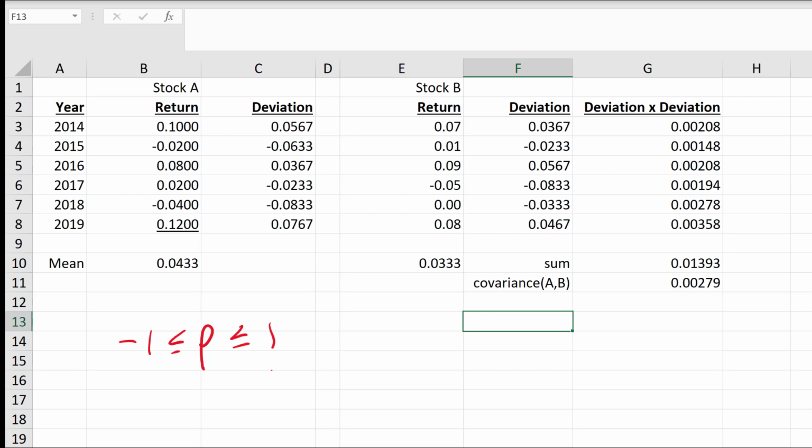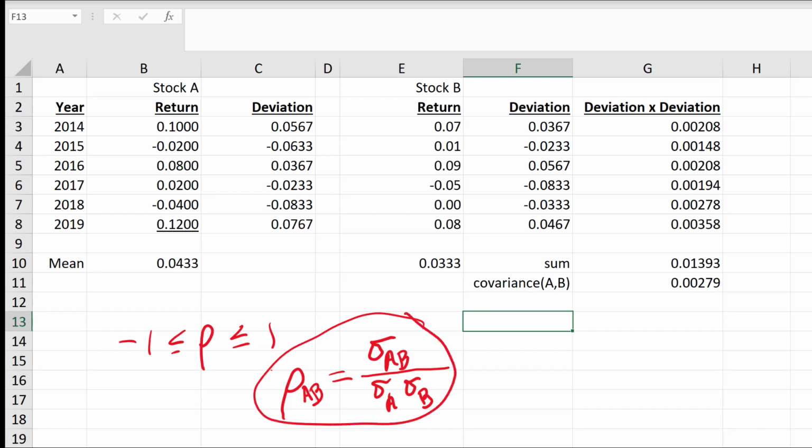Now we calculate the correlation simply as the covariance divided by the product of the two standard deviations. And so I'm going to denote rho AB as the correlation between stocks A and B. It's going to be a function of the covariance between A and B, and so I'll call that sigma AB. We're going to divide it by the product of A's standard deviation and B's standard deviation.